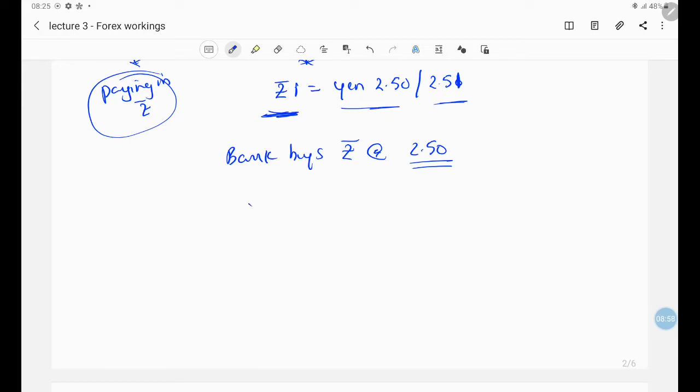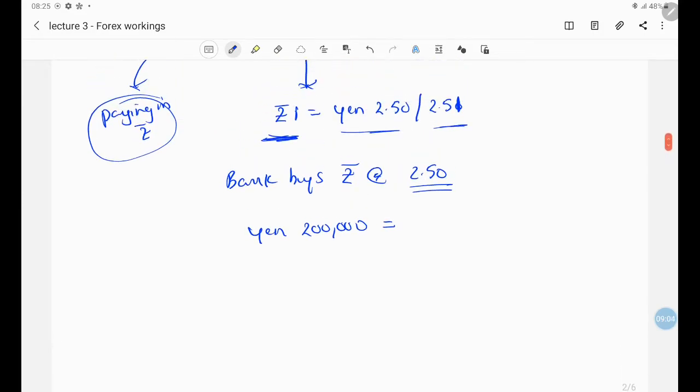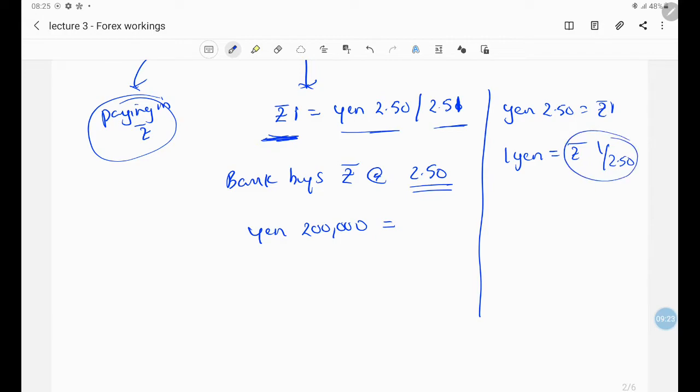So you have 2 lakh yen, right? You can also convert this in a simpler way, that you can put it like this: yen 2.50 equal to rupee 1, right? And 1 yen is how much? 1 yen is equal to rupee 1 divided by 2.50, right? So this value can be multiplied with this one.